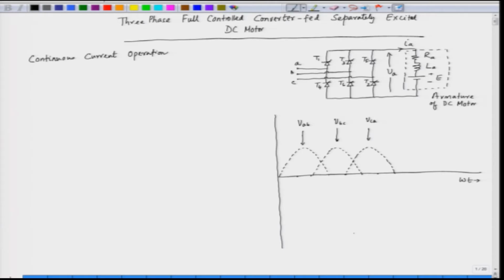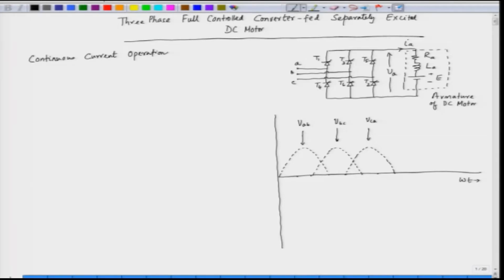We have to also draw the negative of these voltages, that is VBA, VCB and VAC. So, the reverse of this voltage, let us say VAB, we have here VBA. Reverse of VBC is VCB.